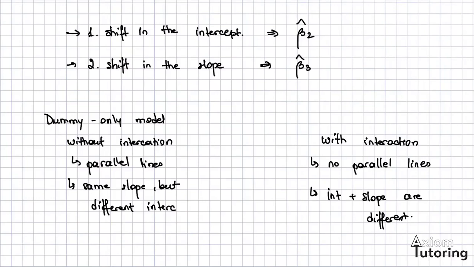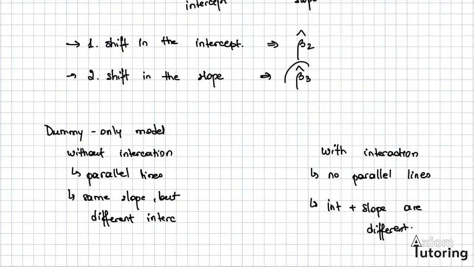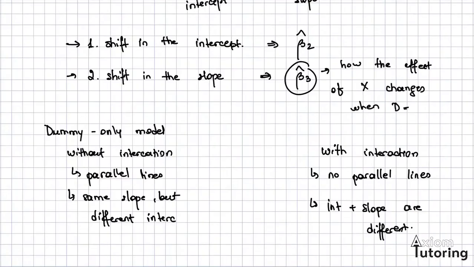And beta 3 tells us how the effect of x changes when d is equal to 1. So it is the change in the return to education when someone is employed.